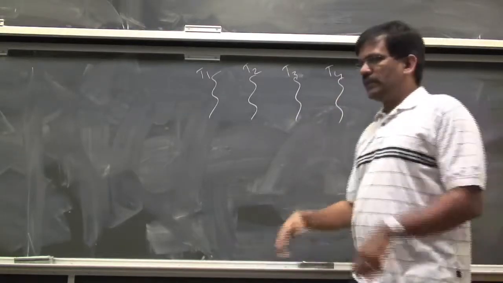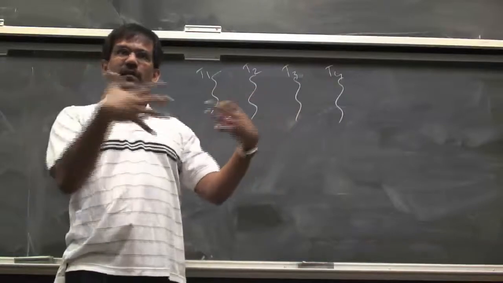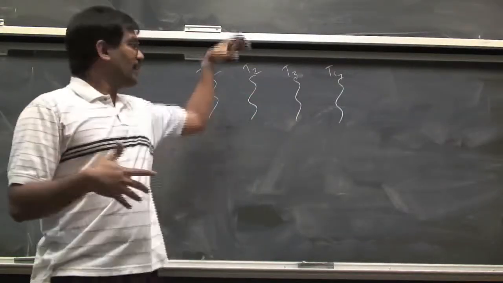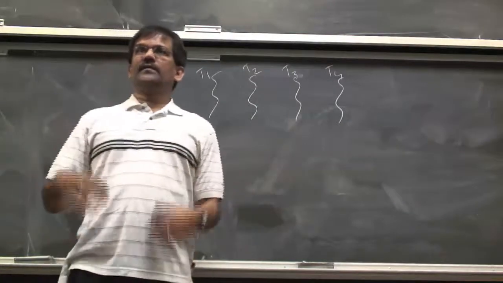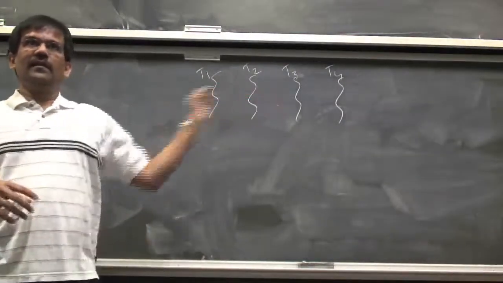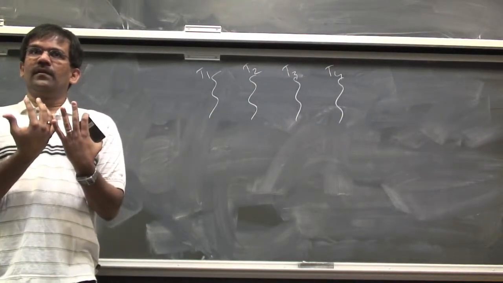So a schedule gives all the possibilities of how these transactions can interleave with each other for somebody who's looking from the outside. If they're working concurrently, depending on how many processes you have and how the scheduling happens, you can have any way they interleave.